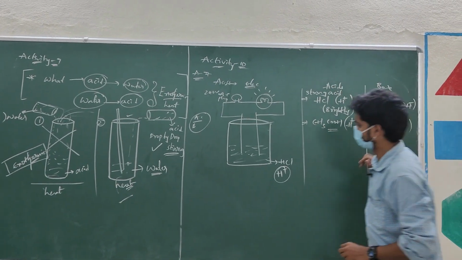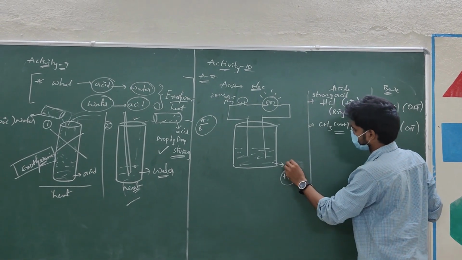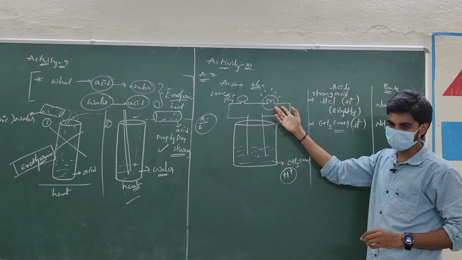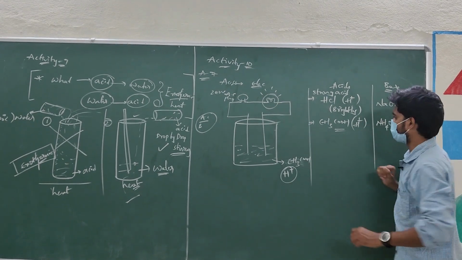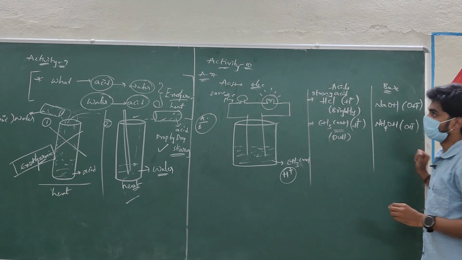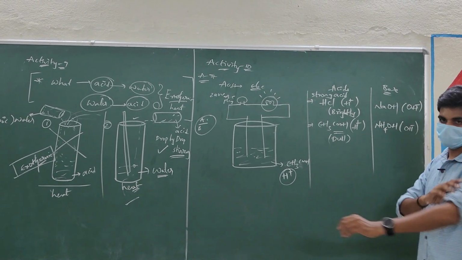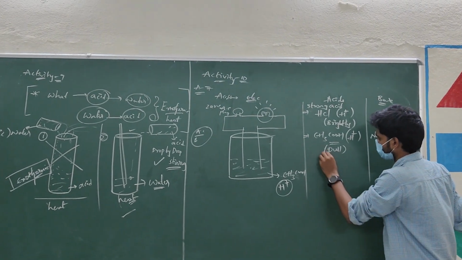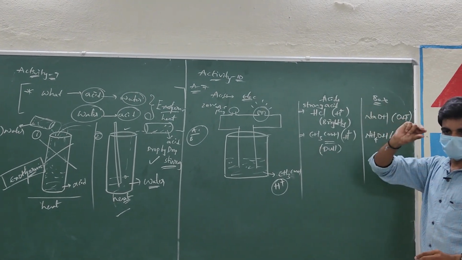Okay, weak acid. Now if you replace the liquid with CH3COOH, in this case also the bulb glows, but it is not that much brighter. It is dull, right? In some situations there might be a low amount of electricity passing through our houses, and our bulb might glow very dull, right?